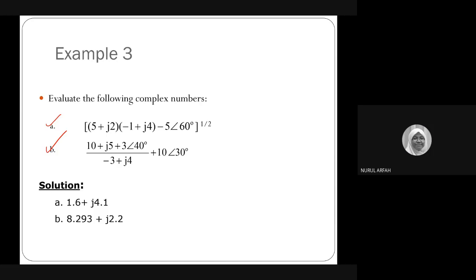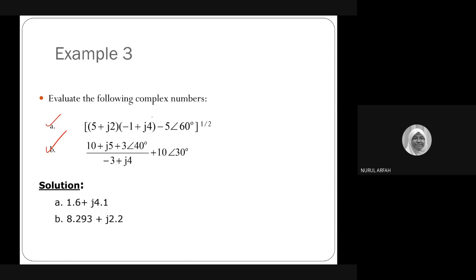Okay, madam. But the approach, I just want to highlight something. This is like your math class, right? You need to solve in a bracket first, and then the multiplication, and then the division if you have, and then solve everything.